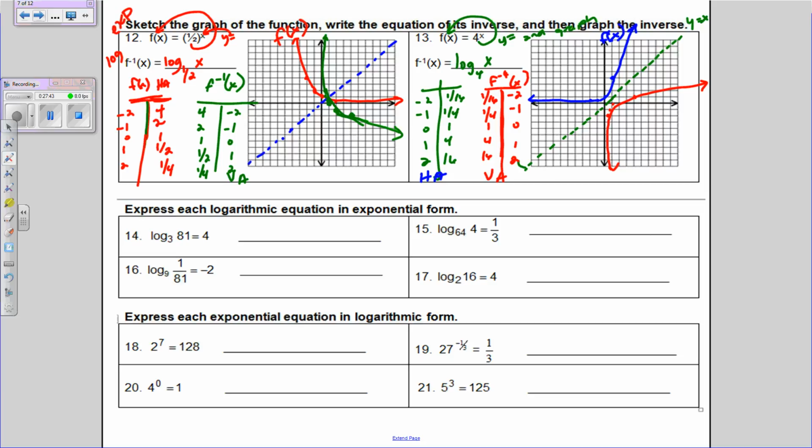Number 14, it says express each logarithmic equation in exponential form. So we're not going to have to solve, just rewrite it as an exponent. I'll do a couple of the labels. So remember, for a log, it was log base B of N equals K. I think of the word bank.